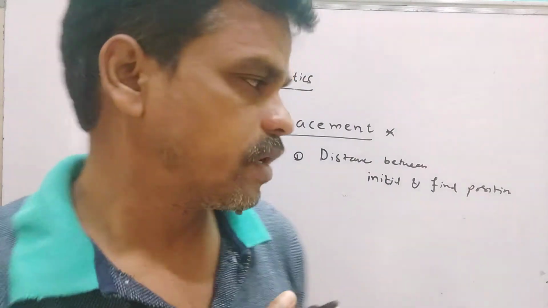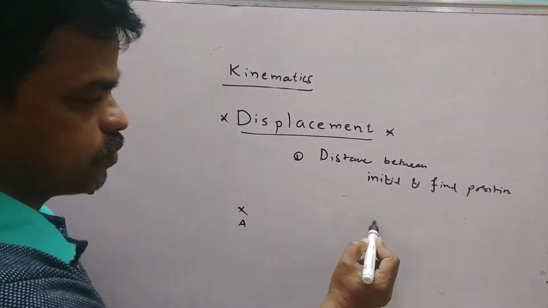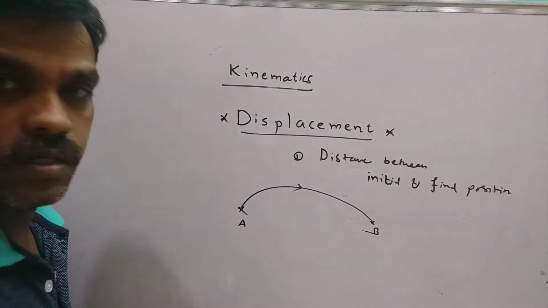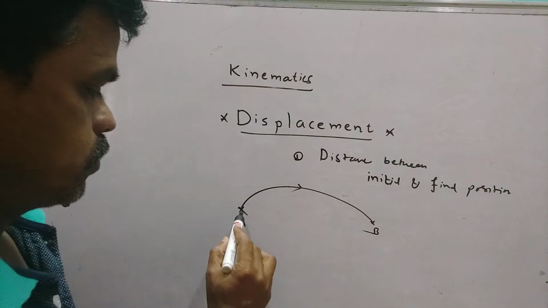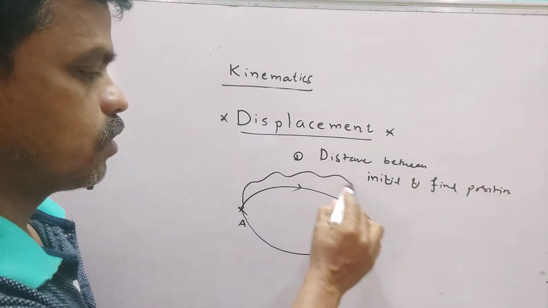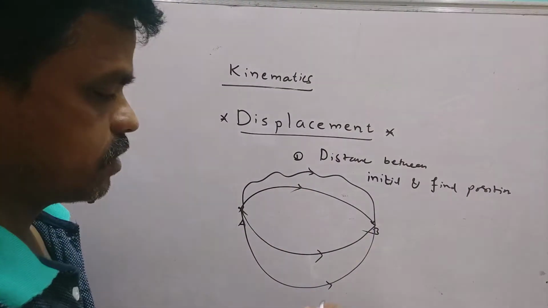So if a particle travels from A to B, for example, this is point A, this is point B. We can travel like this to reach B, we can also move like this, otherwise we can move like this in this direction, otherwise this direction.